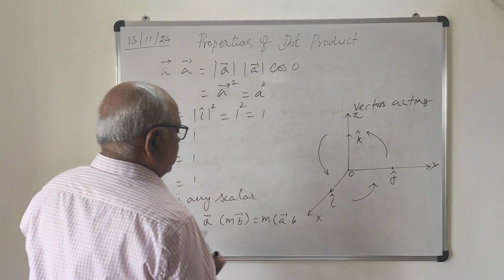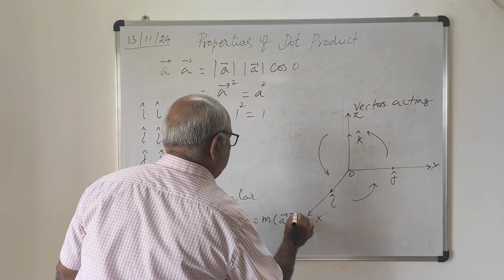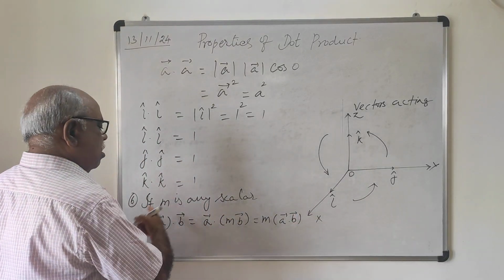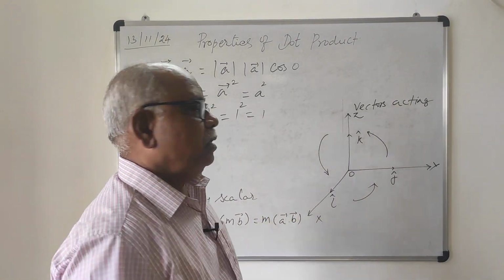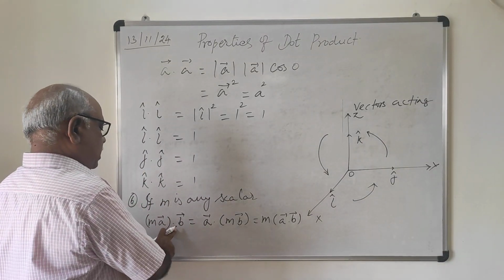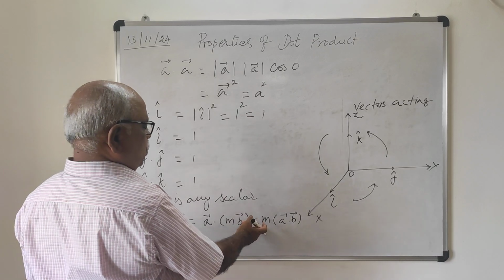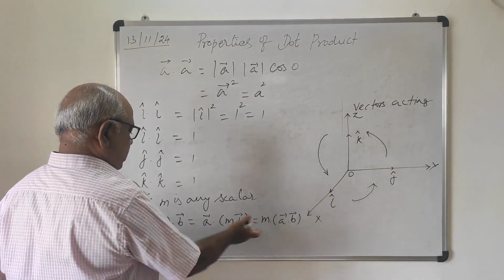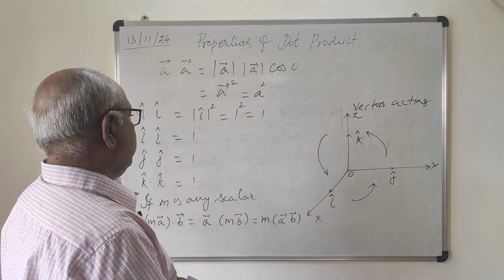So m is any scalar and A and B are any two vectors. That scalar m can be associated either with A or with B or with the common A dot B. So (m A) dot B is the same as A dot (m B), and it is nothing but m into (A dot B). The scalar m can be associated with vector A or B like this. This is our property 6.